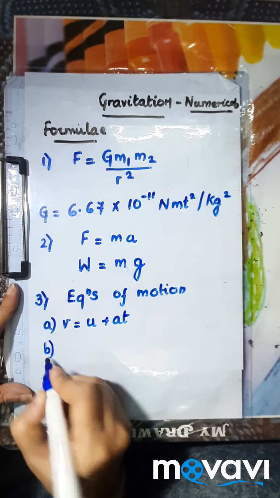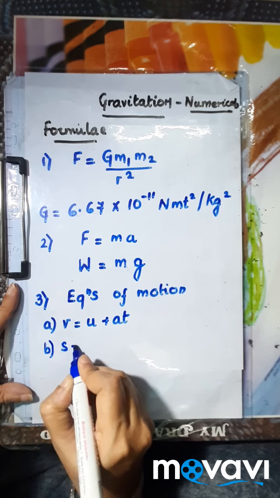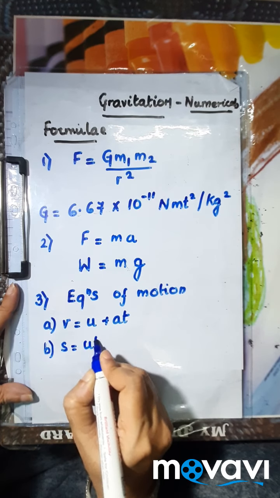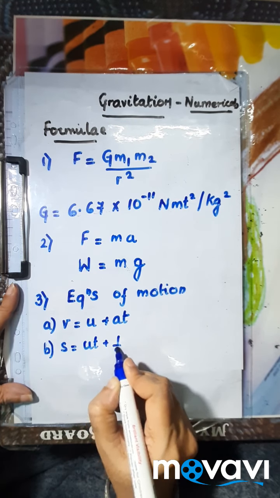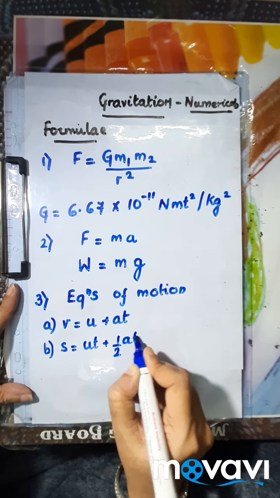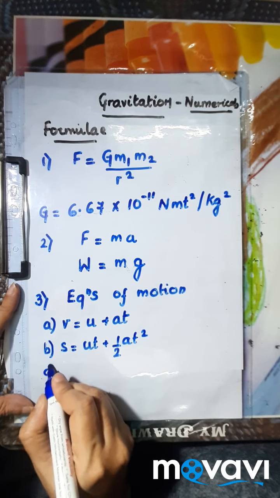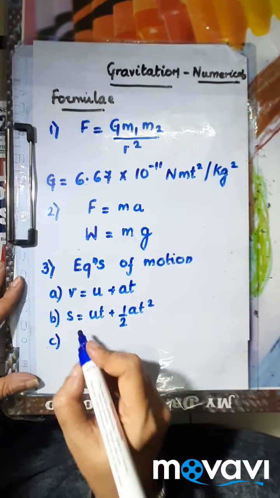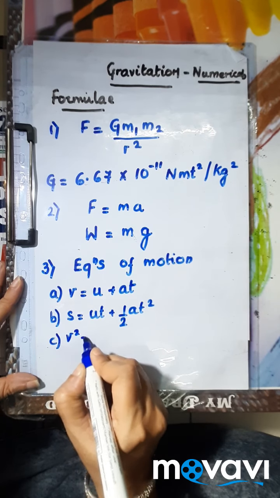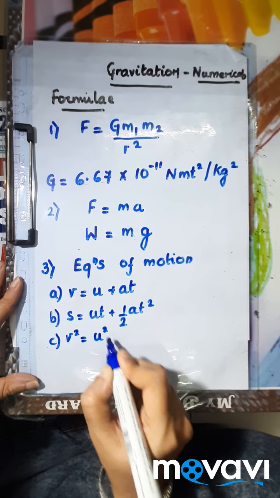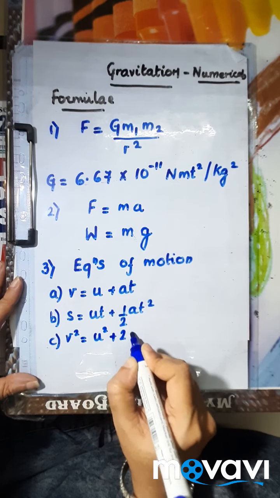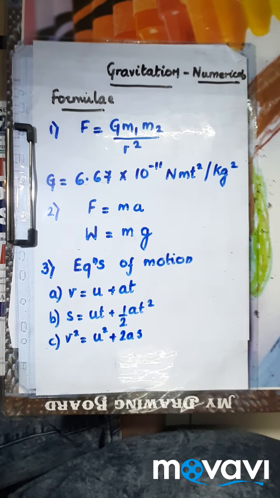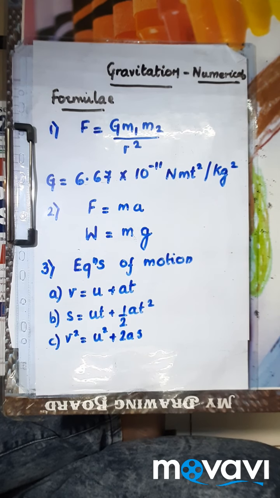Second, B: S is equal to UT plus half AT square. And the third formula is V square is equal to U square plus 2AS. Okay, these are my equations of motion.